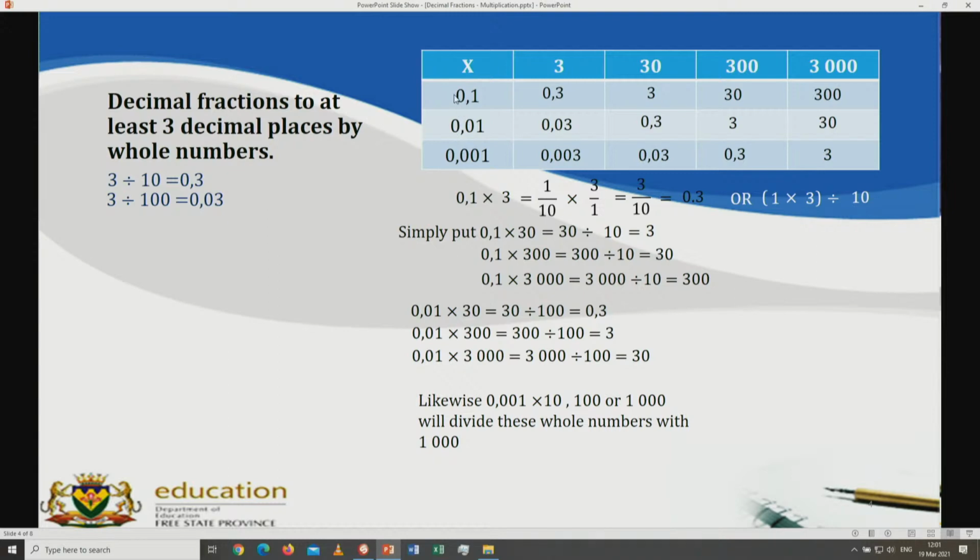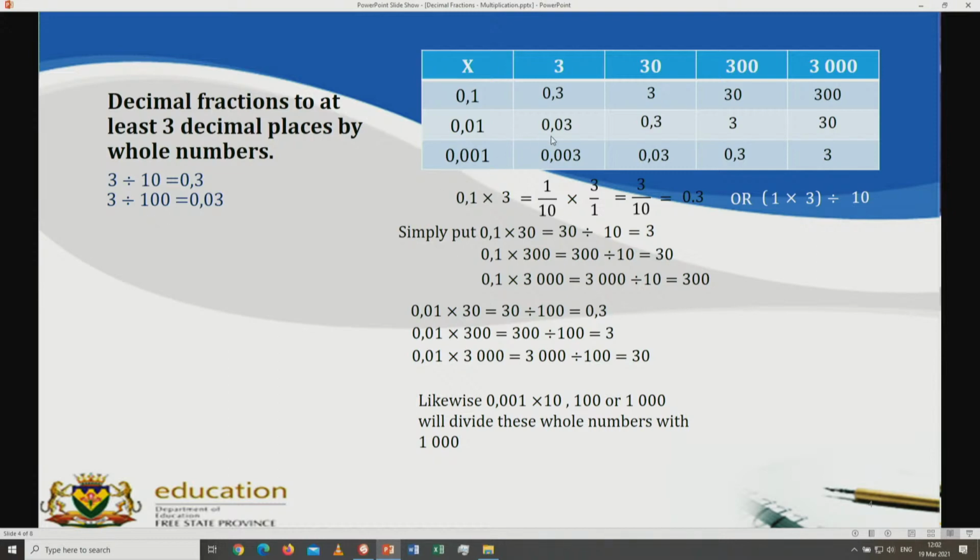What I'm seeing here is that multiplying by 0,1 becomes the same as dividing by 10, there it is. And then we are taking 0,01 multiplied by 3, which is the same as 3 divided by 100.